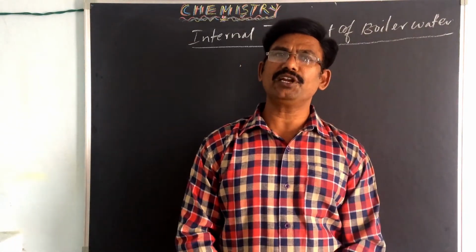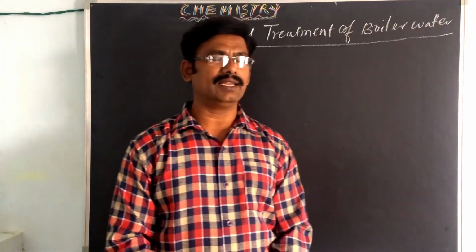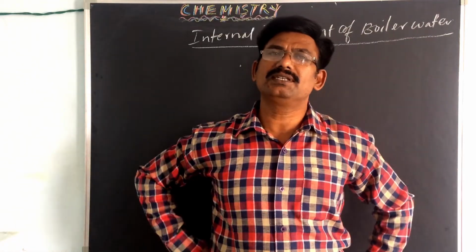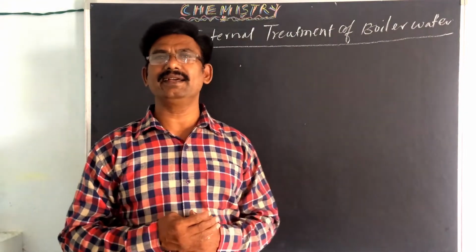And how can we remove these scales and sludges from the boiler? So a little bit we have covered the treatment of boiler, just the mechanical method and the chemical method.